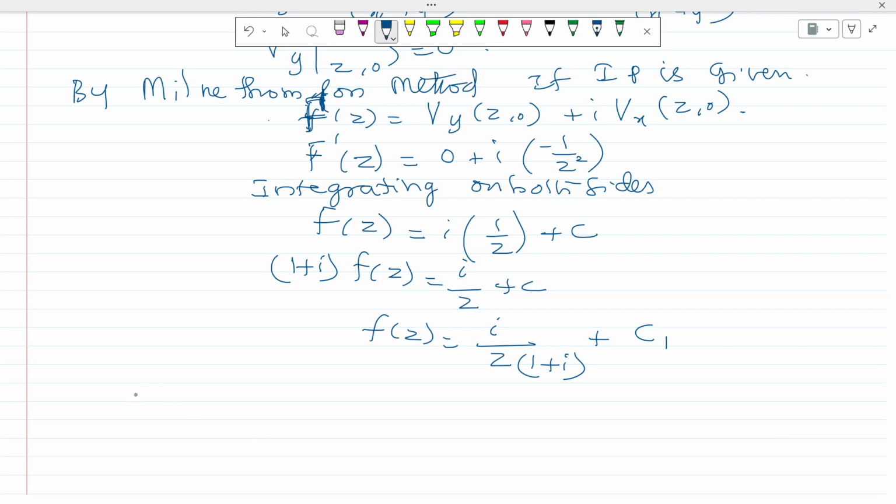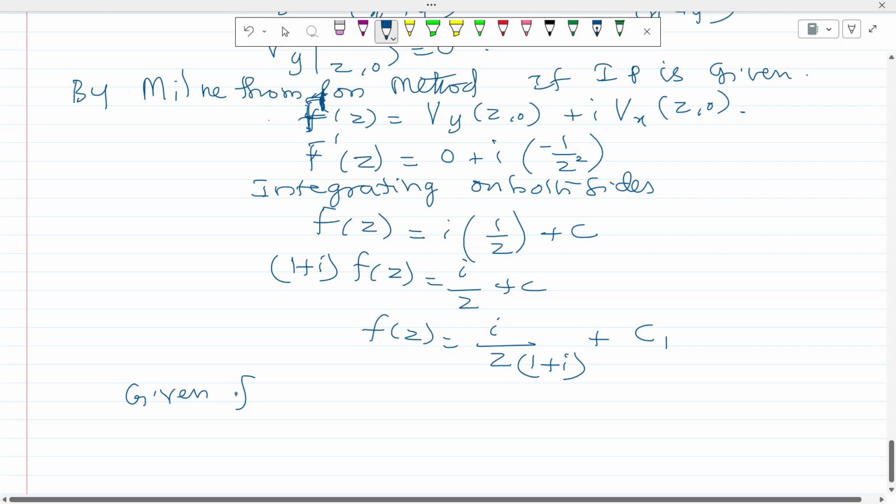One more value is given, f of 1 equals 1.